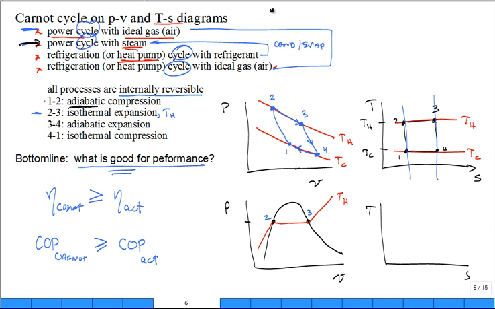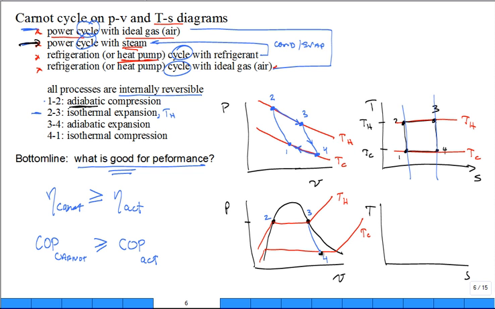Now, to go down to state, let's draw the lower temperature isotherm. Something like this, TC. To go from 3 down to 4, it's a solid line because it's internally reversible. There's still some expansion. From 3 to 4, it's still expansion. It's adiabatic expansion. And so 4 is further over to the right.